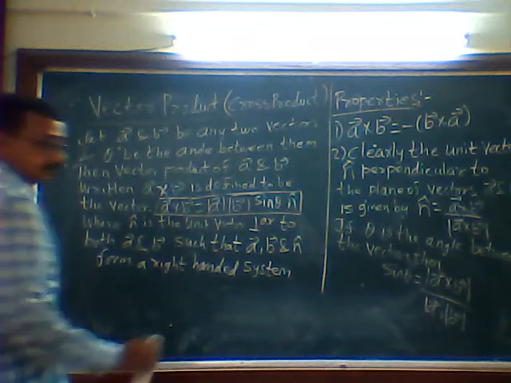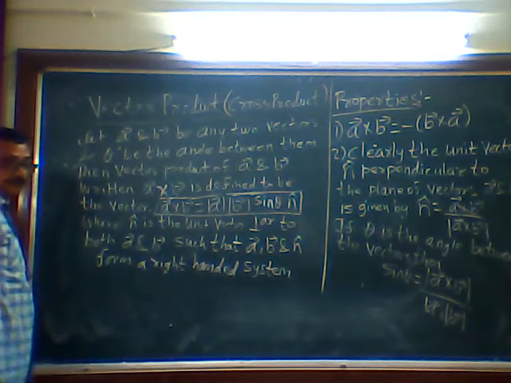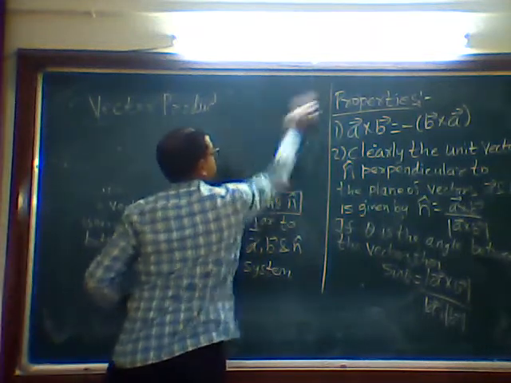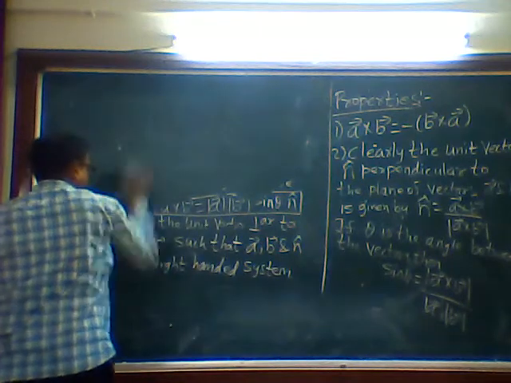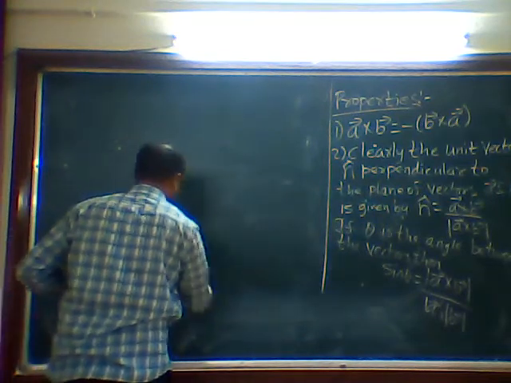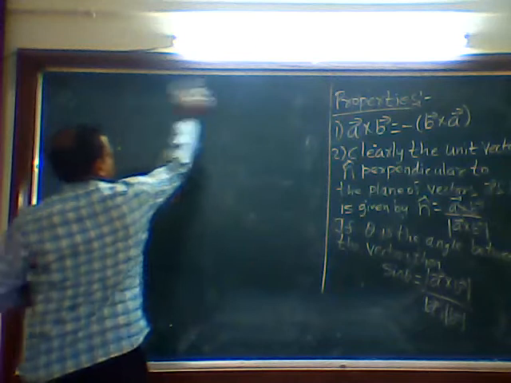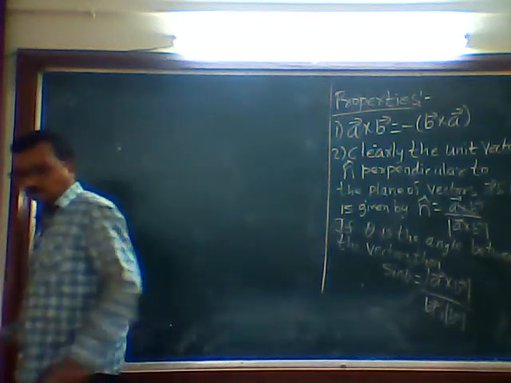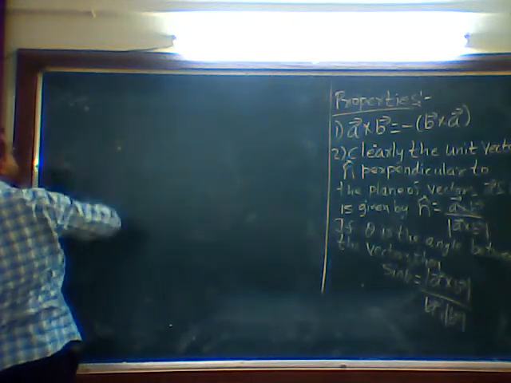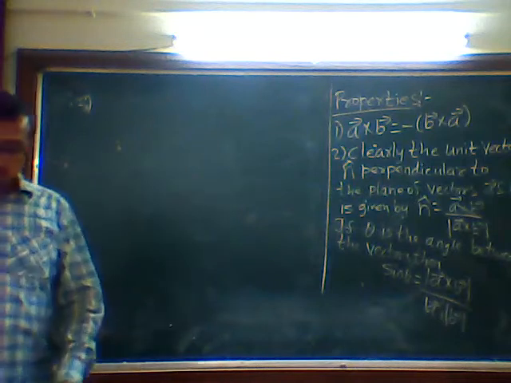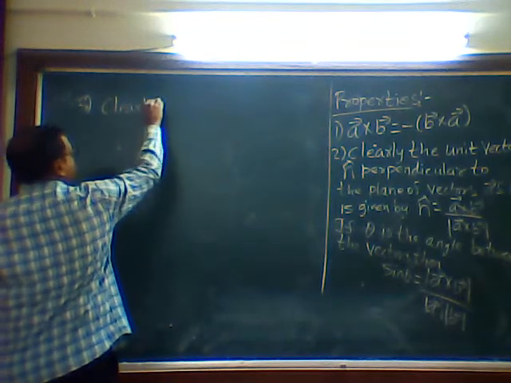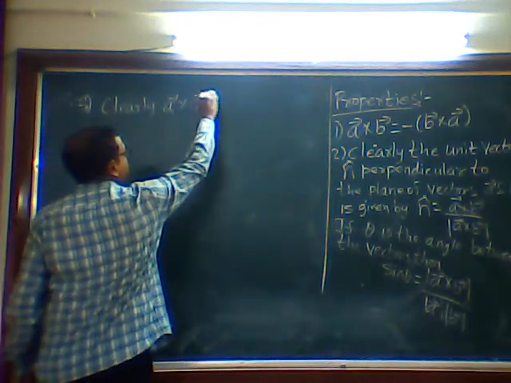Next, the third one. Clearly a bar cross a bar is equal to 0.